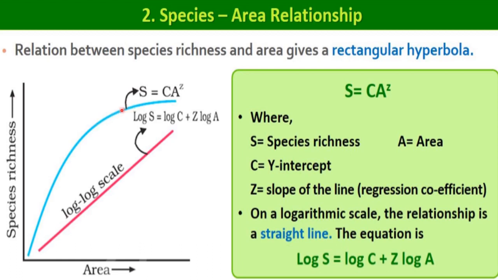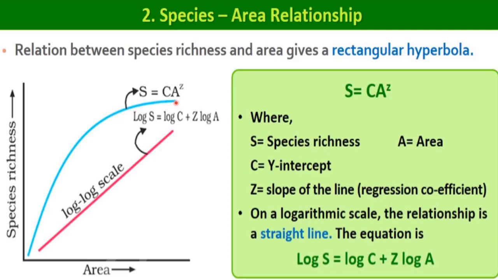After this limit, if we increase the explored area, there is no increase in species richness. That's why we are getting this hyperbola, because only up to a limit does species richness increase with explored area.